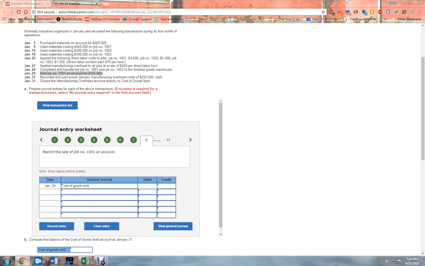So let's record the sale first. So scratch that entry. Since this is coming out of our finished goods inventory, but we're selling it on account, let's do this first. So accounts receivable, we sold it on account for $725,000, and that is sales revenue.